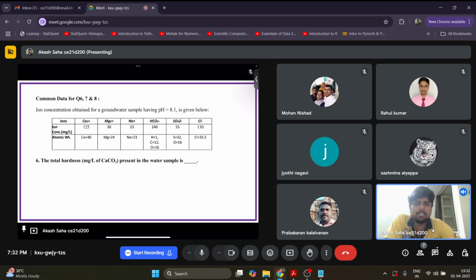What is the first step we have to do here? They can ask you hardness, alkalinity, amount of lime soda ash required, anything based on these problems. What is the first step that we will do here? Any idea? No one?